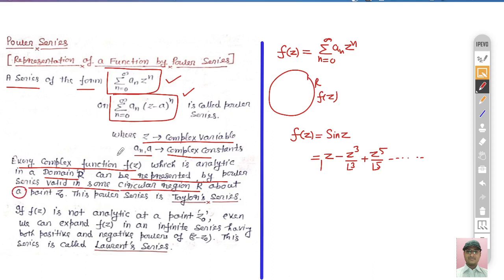We expand this power series about any point, let's suppose z = a, in this form. And if we expand the power series about z = 0, meaning about the origin, then it takes the first form.